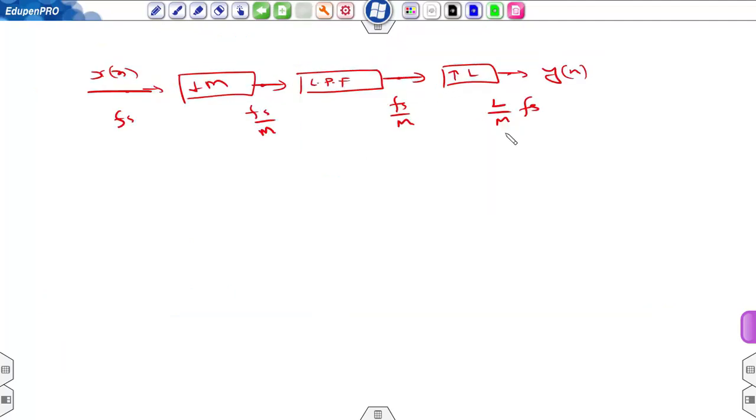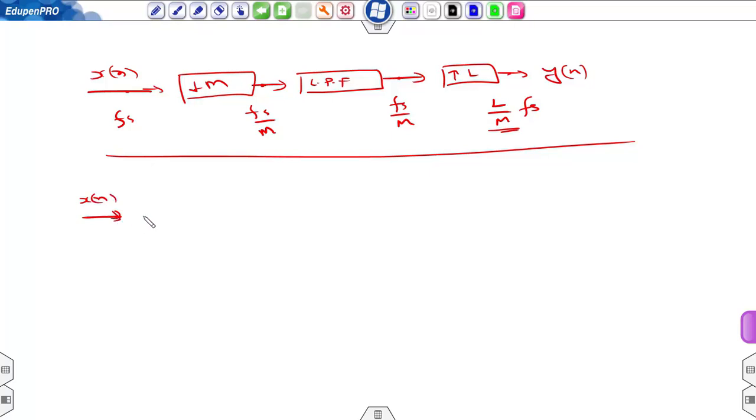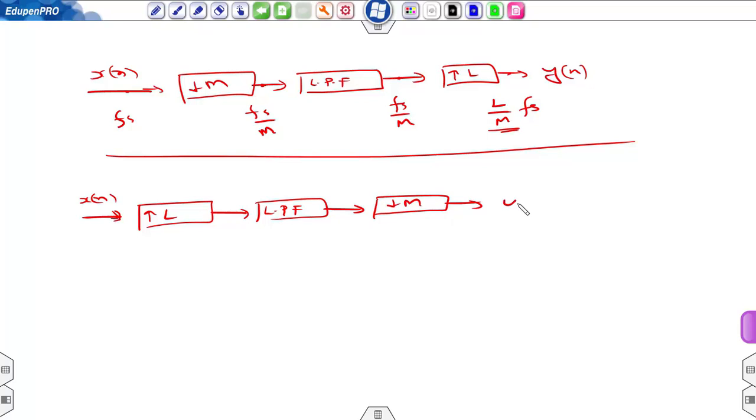So mathematically the results are the same. Which combination should we use? This one, or the one we just discussed: upsampling, then low pass filter, then downsampling, to get y[n].